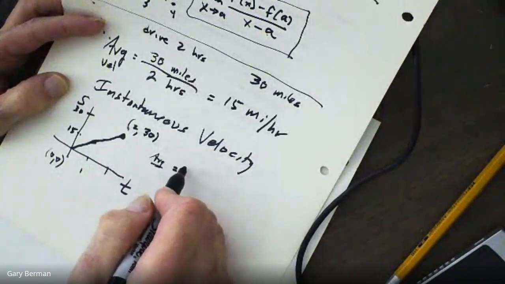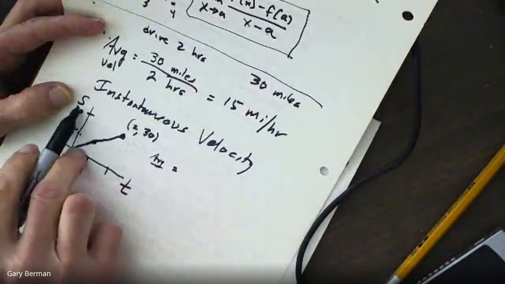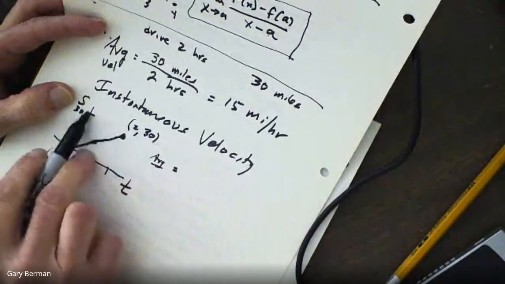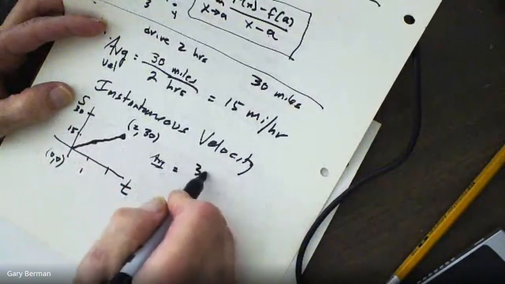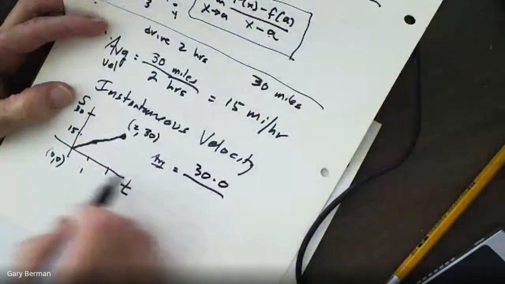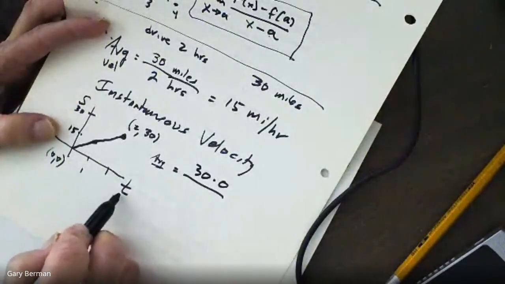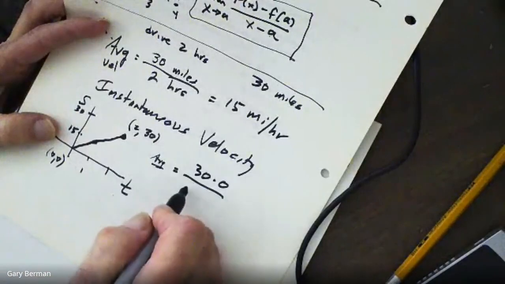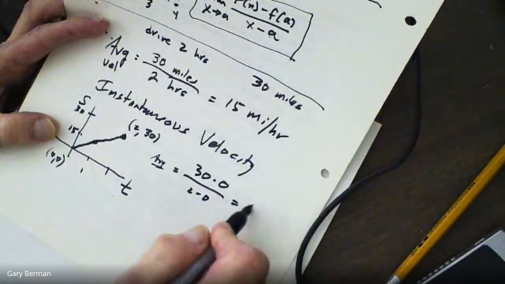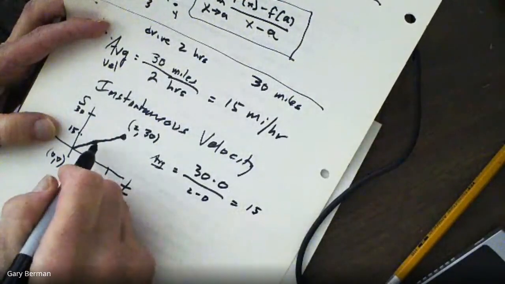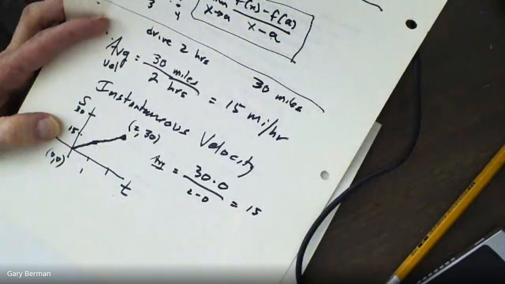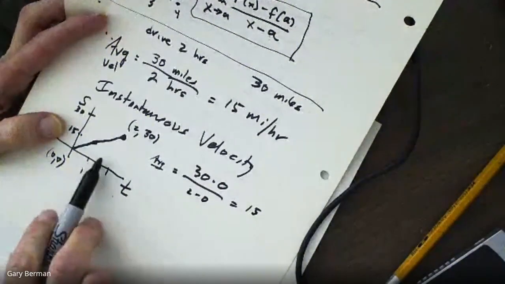And if I take the average, that's the same thing as taking the slope of this line. It's the change of the dependent variable s. We use s instead of y, 30 minus 0, over the change in the independent variable, which is time t, 2 minus 0, that's 15. In other words, the slope of this line is the velocity.